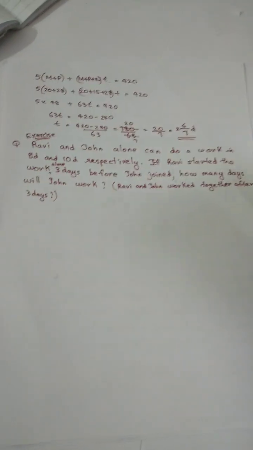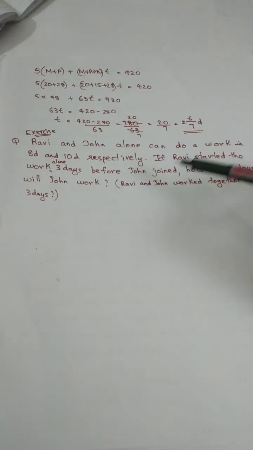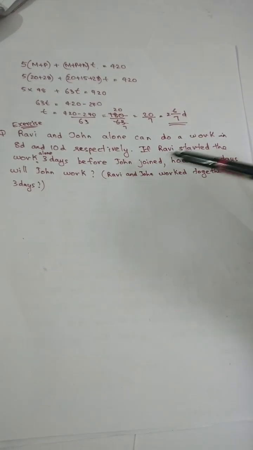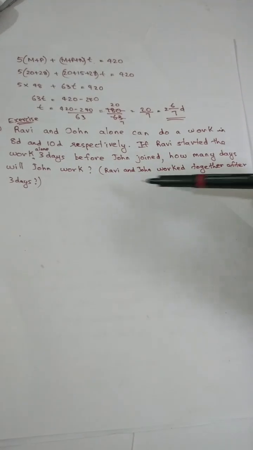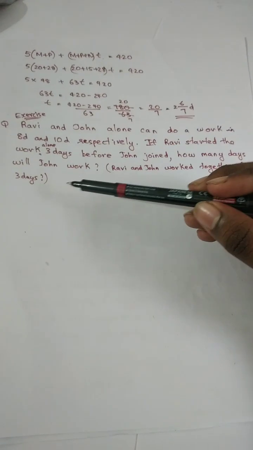Ravi and John can do a work in 8 days and 10 days respectively. If Ravi started the work alone 3 days before John joined, how many days will John work? Ravi and John worked together after 3 days.